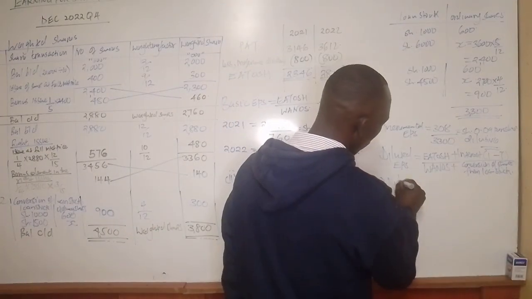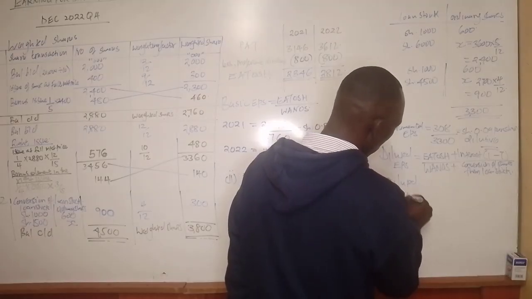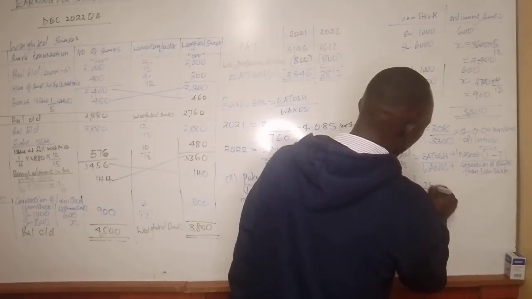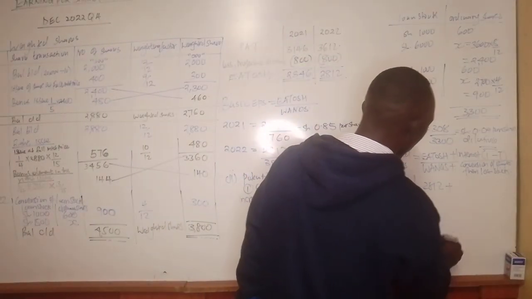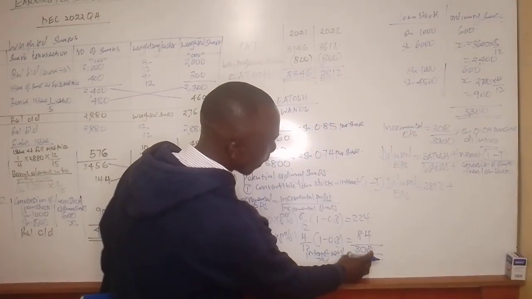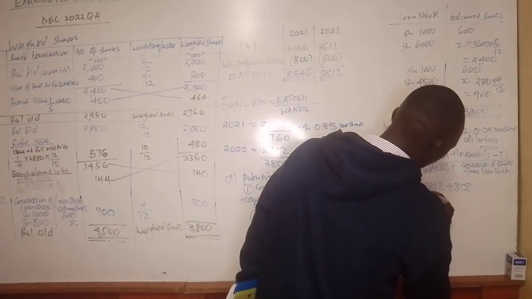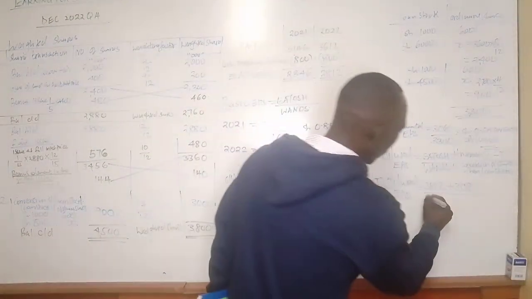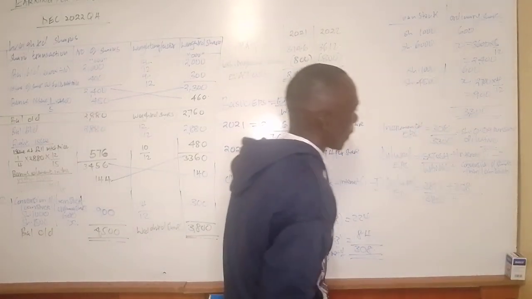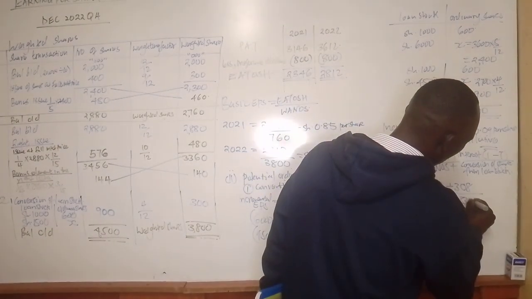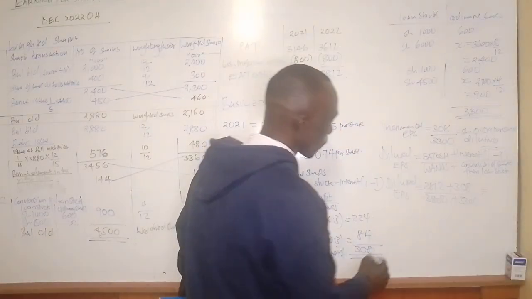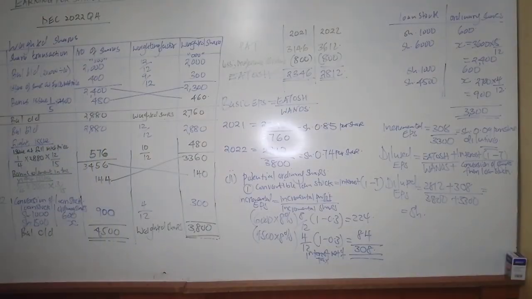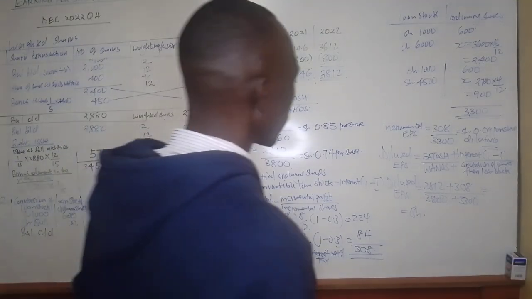So let us get the diluted earnings per share. It will be given by this one. You copy paste. It is 2,812. Then plus interest net of tax. It is here. It is 308. Then we divide by the total here we have 3,800 plus the total here we have 3,300. So our diluted EPS will be given by shillings. Let us see how many shillings we are getting in this case.